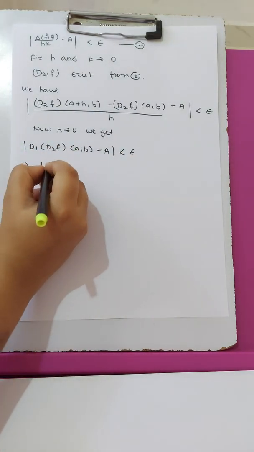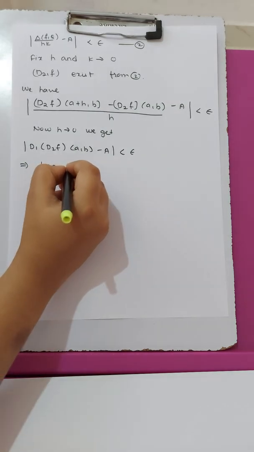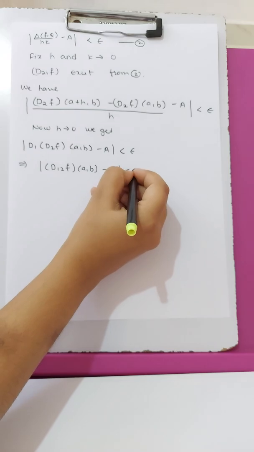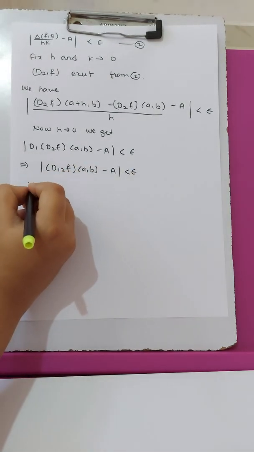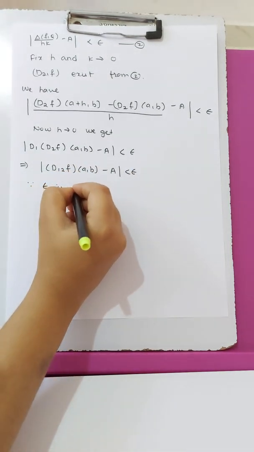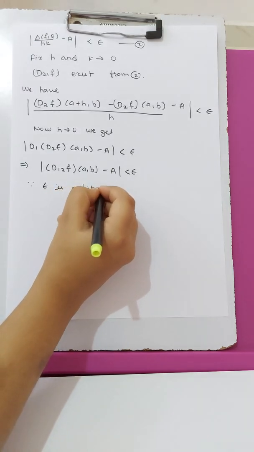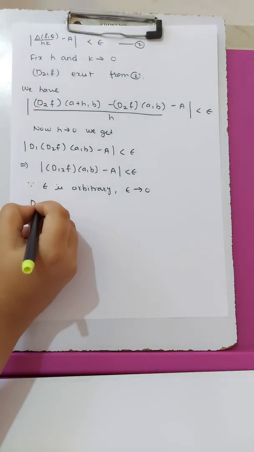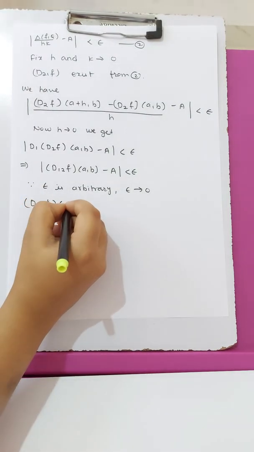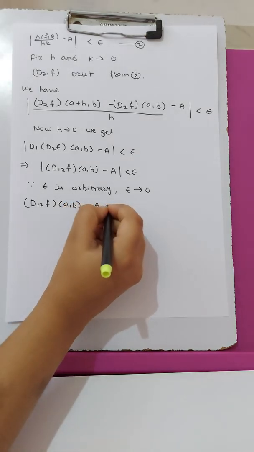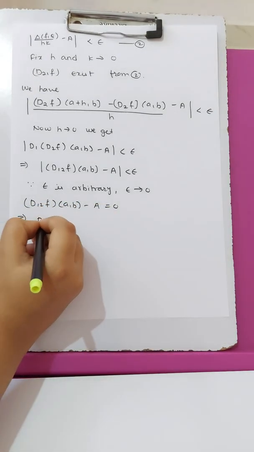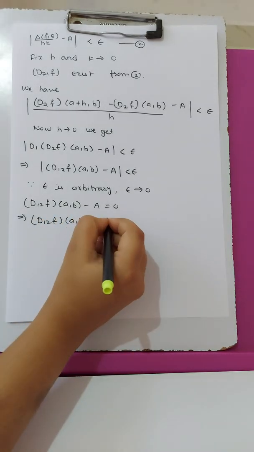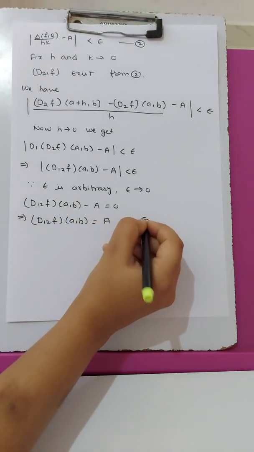So this implies mod of d12f(a, b) minus A less than epsilon. Now since epsilon is arbitrary, let epsilon tend to 0, we get d12f(a, b) minus A equals 0, which implies that d12f(a, b) equals A. So let it be number 3.